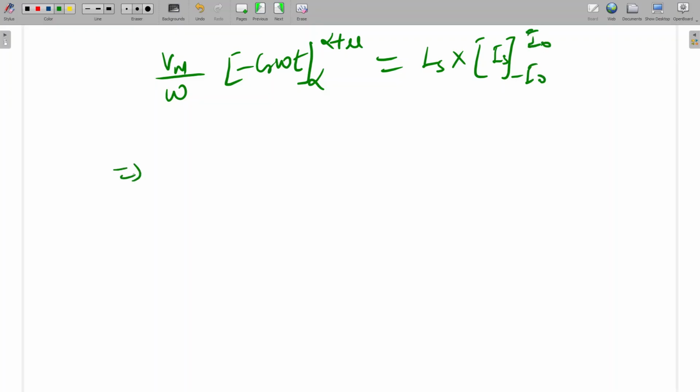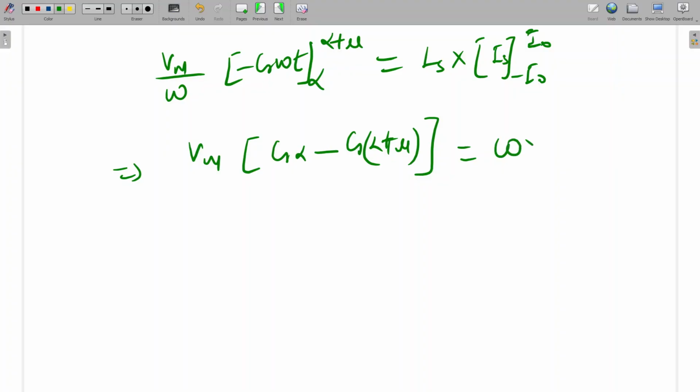So it will be Vm, and omega we can write as 2 pi f. So here it will be cos alpha minus cos alpha plus mu, and this will be omega into Ls into 2 I naught. Both sides we can divide by some factor.